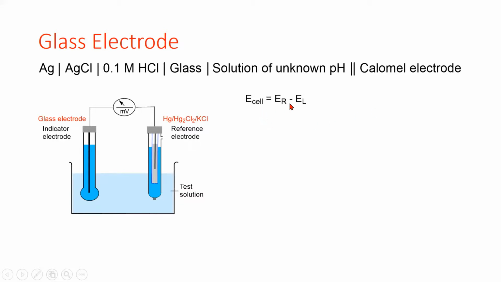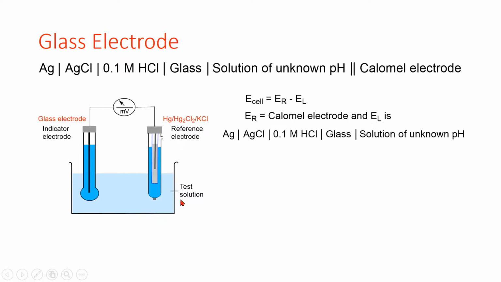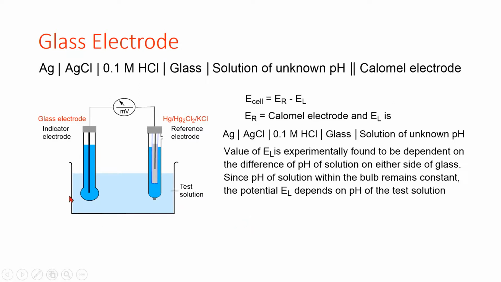We can write E cell is equal to E right minus E left, where E right is the calomel electrode and E left is the silver chloride ion electrode. Value of left end potential can be found to be dependent on the difference in pH of the solution inside the glass electrode and outside the glass electrode.